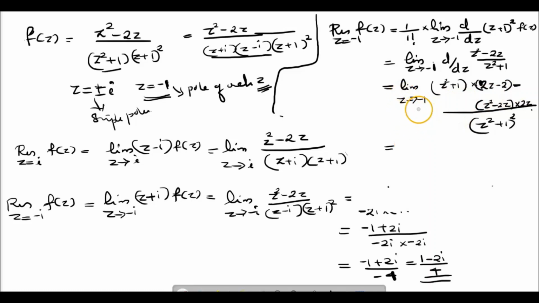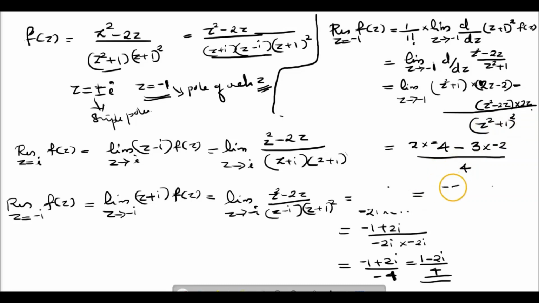Now let's put the limit z equal to minus 1. This is (minus 1) all square, that is 1 plus 1, 2, into (2 into minus 1, minus 2, that is minus 4), minus (1, plus 2, this is 3) into (2 into minus 1, minus 2), divided by (1 plus 1, 2) square, 4.